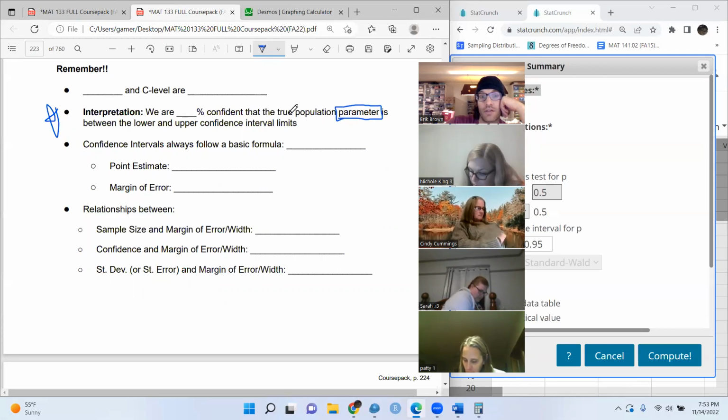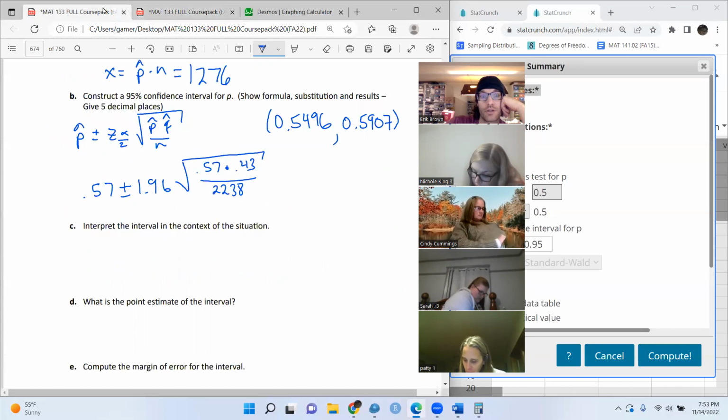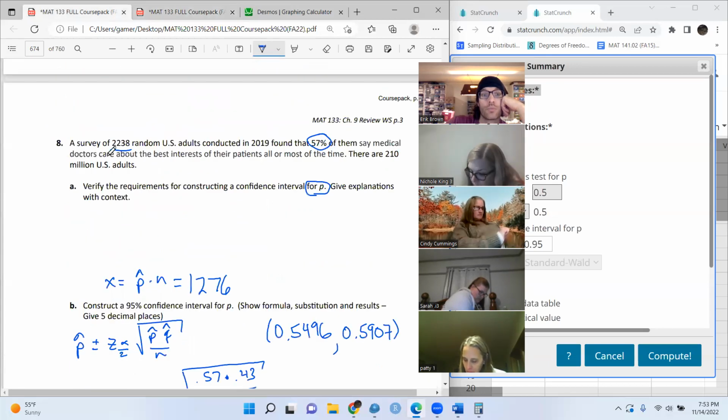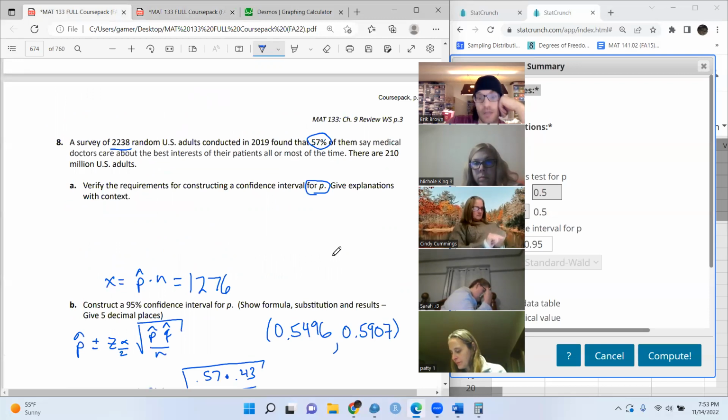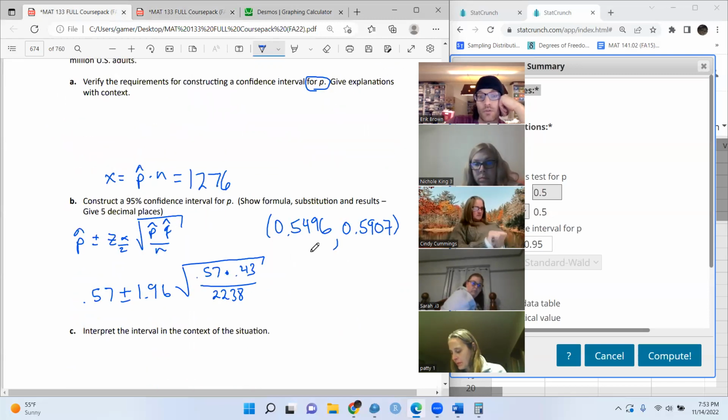We are blank confident that the true population proportion of US adults who say medical doctors care about the best interests of their patients all or most of the time is between 54.96% and 59.07%.